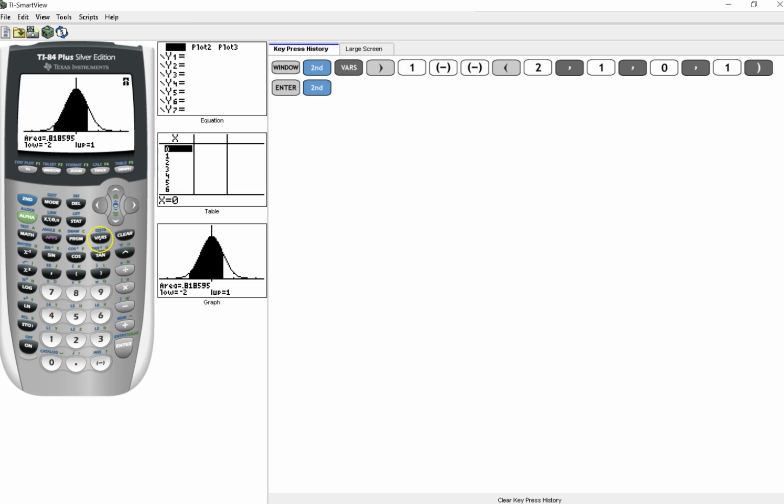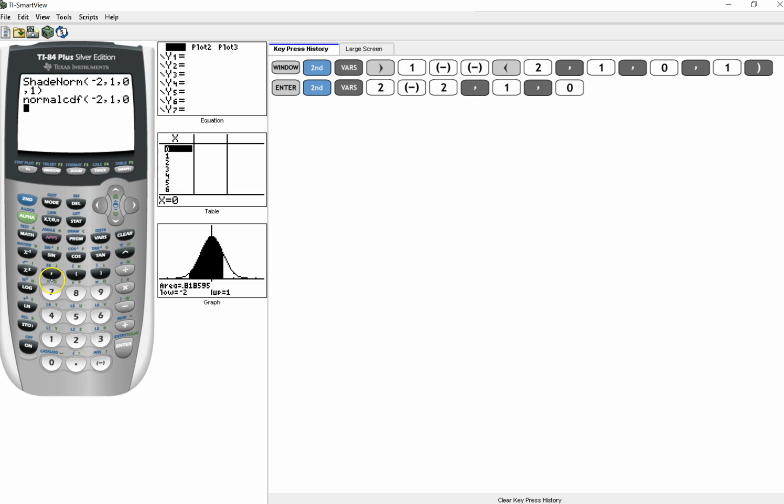So you're going into the distribution menu, and you're going to go to number 2, which is normal CDF. Don't confuse that with 1, which is normal PDF. So 2, and then you're going to put in the same -2, 1, 0, 1, close the brackets, enter, and it gives you the answer right away.